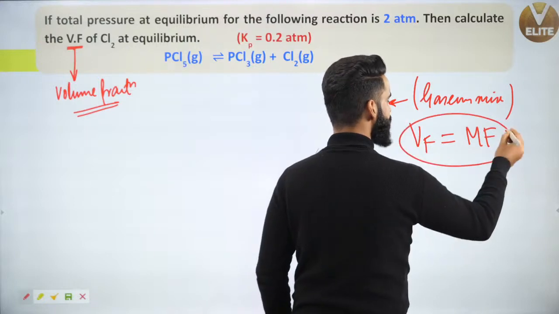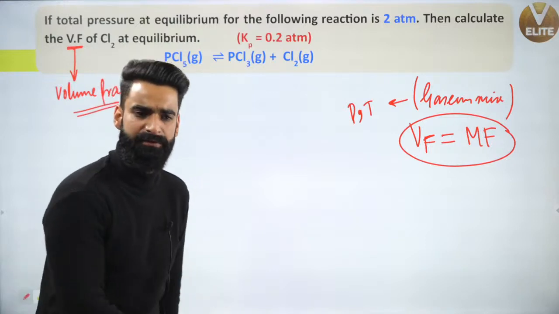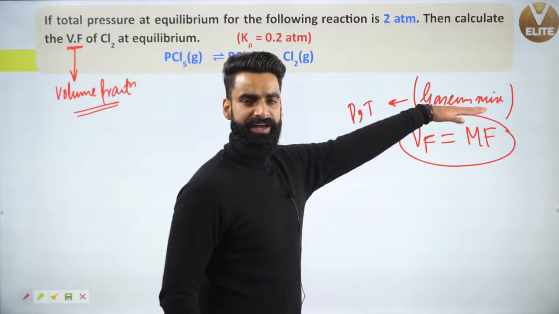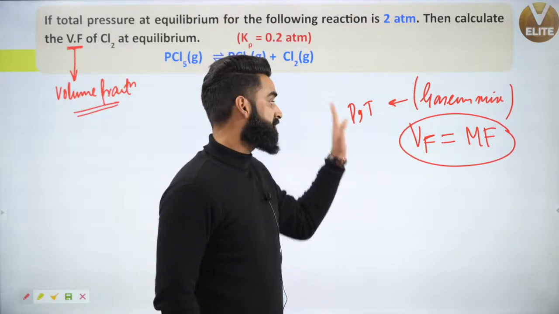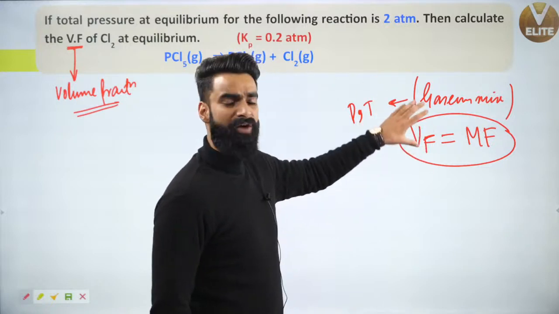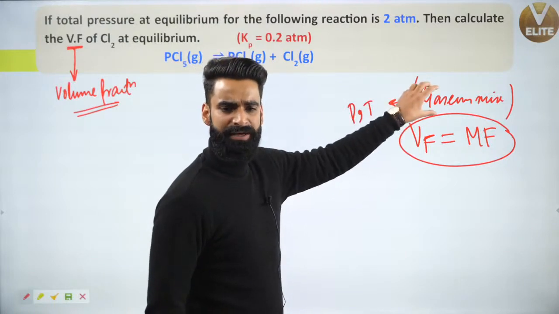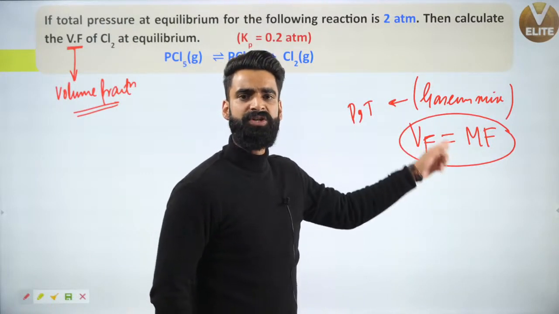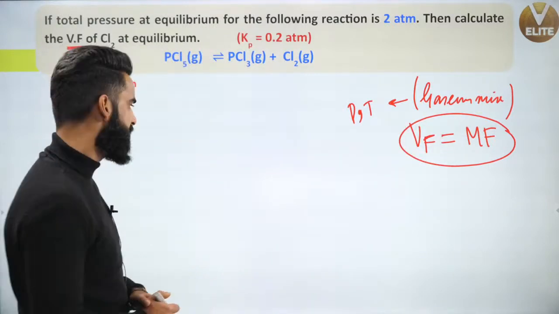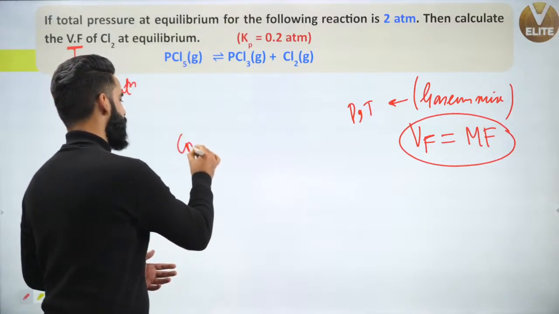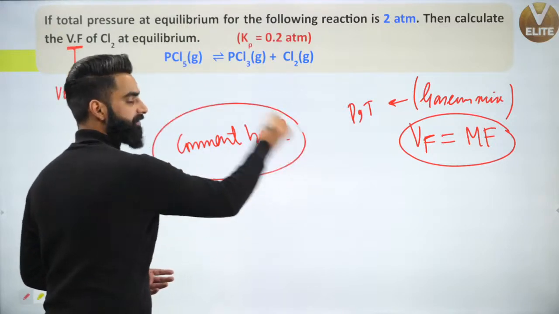The volume fraction of any gas in the mixture will always be equal to the mole fraction of the same gas present in the same mixture, right? This is your hint for the question. Do let me know the answer in the comment box. I'll be waiting for your answers, okay? Do let me know the answer in the comment box afterwards.